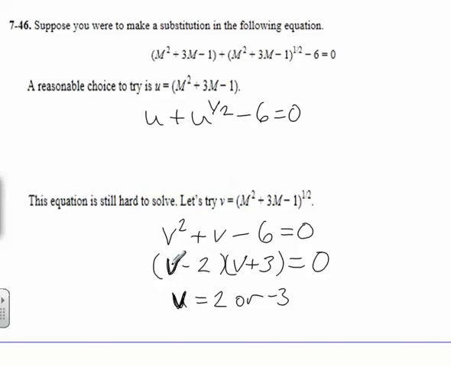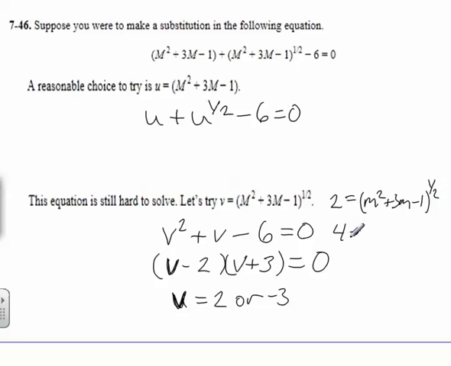There we go. Now we can plug that back in here. If 2 is equal to m squared plus 3m minus 1 to the power of 1/2, we can square both sides, and that takes care of that.